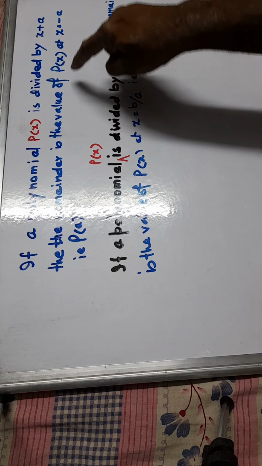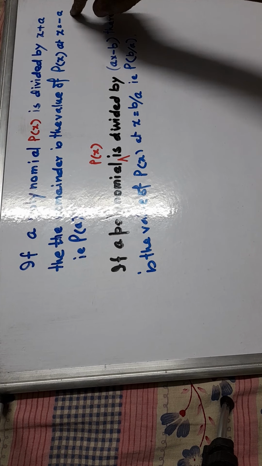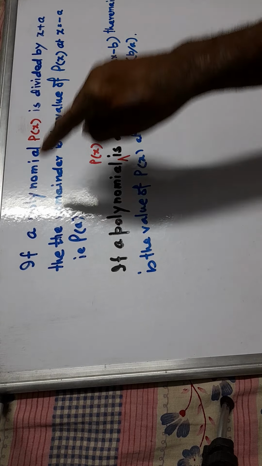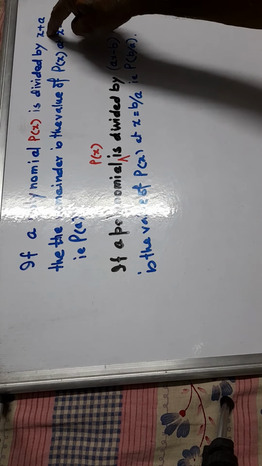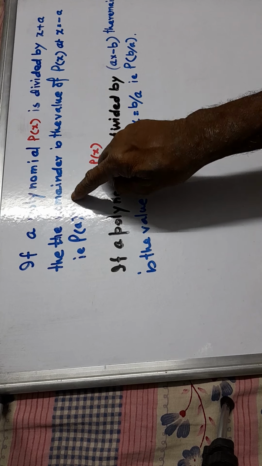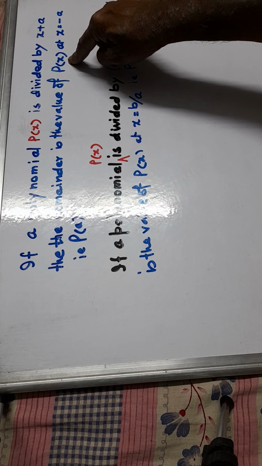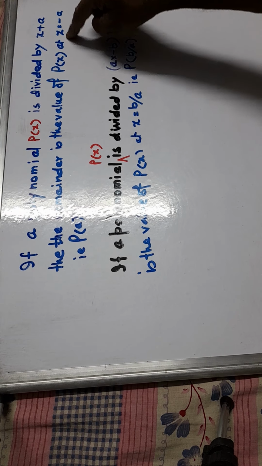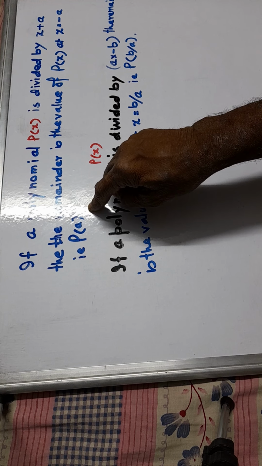The remainder is the value of p(x) at x equals minus a. You keep it in mind. If a polynomial p(x) is divided by x plus a, then the remainder is the value of p(x) at x equals minus a, that is p(minus a).